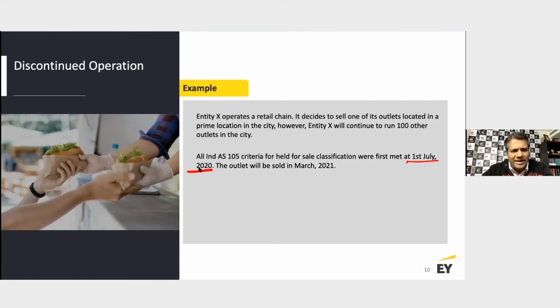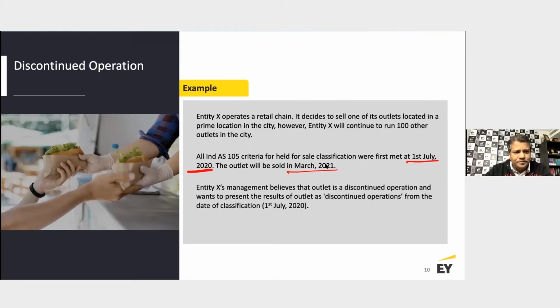Assuming all of them are met, the outlet will be sold in March of 2021. Entity X management believes the outlet is a discontinued operation and wants to present the result of the outlet as a discontinued operation from the date of classification, 1st of July 2020.